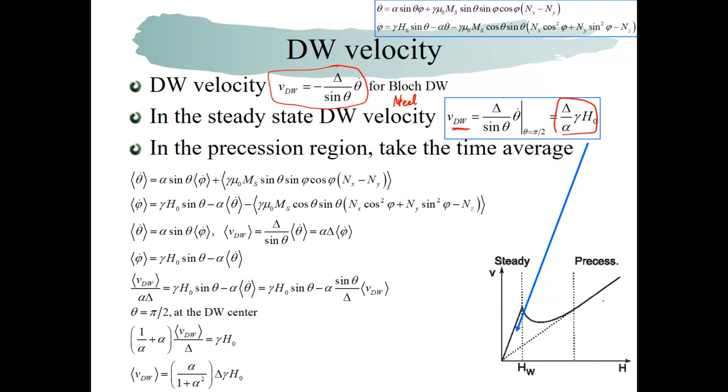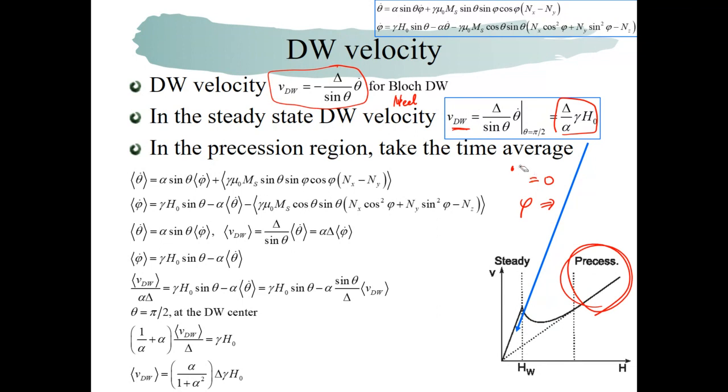Okay, so let's think about this precession motion. This precession motion implies the angle phi is not constant anymore. So in this case, we have a finite phi dot. That means phi is always changing. This one is a kind of increasing function. So that means the angle of the magnetization in the domain wall is rotating.